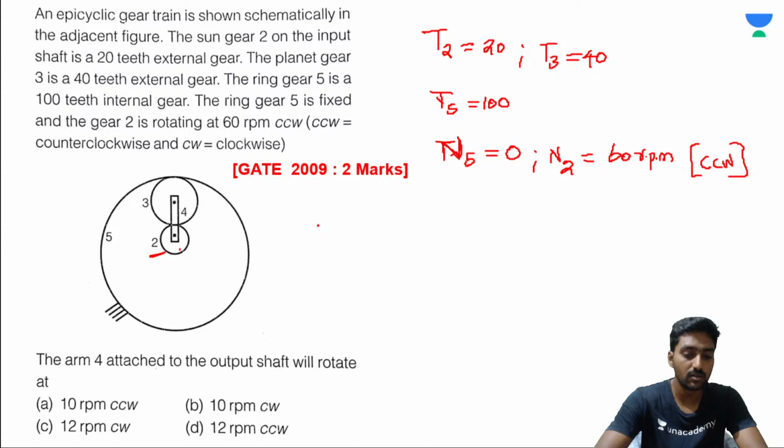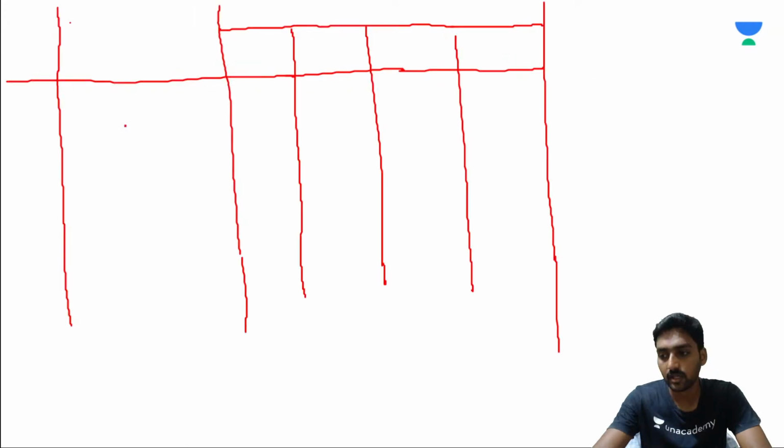There are 4 elements: arm, gear 2, gear 3, gear 5. A 3-step process we need to take. What will that particular 3-step process be?